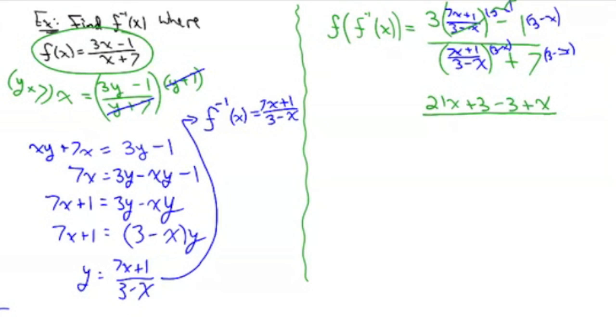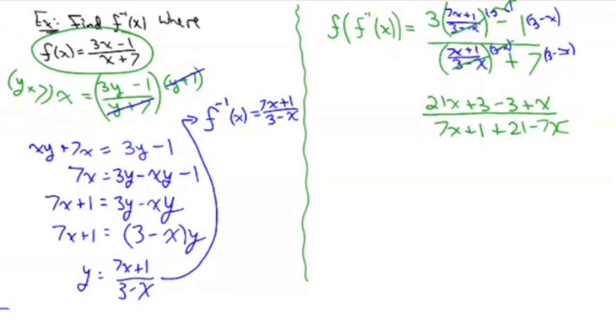Oh, cool. 3's cancel. These x minus 3's are going to cancel, and you're left with 7x plus 1 plus 21 minus 7x. Ooh, that's messy, isn't it? Oh, horrible. Nah, it's not that bad.